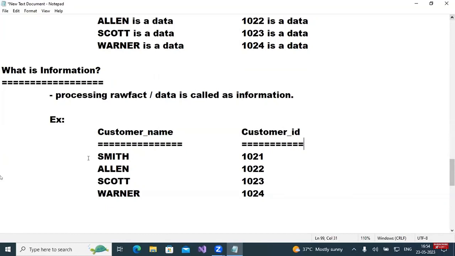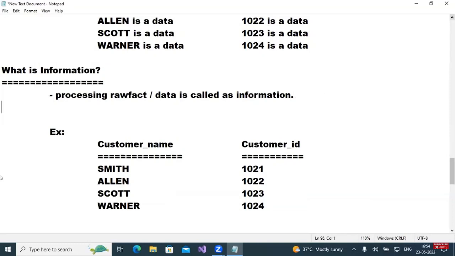So Smith has some meaning, and 1021 also has meaning. This meaningful data is called information. So information always provides meaningful statements. This is the difference between data and information.